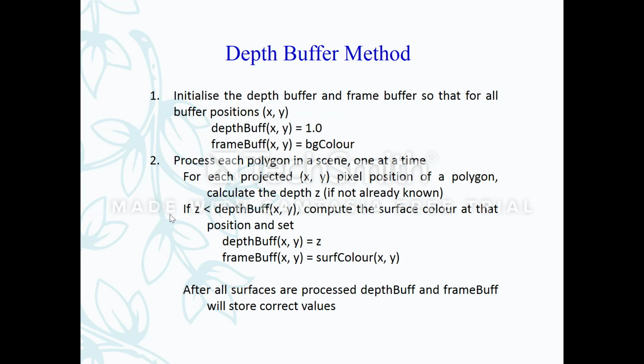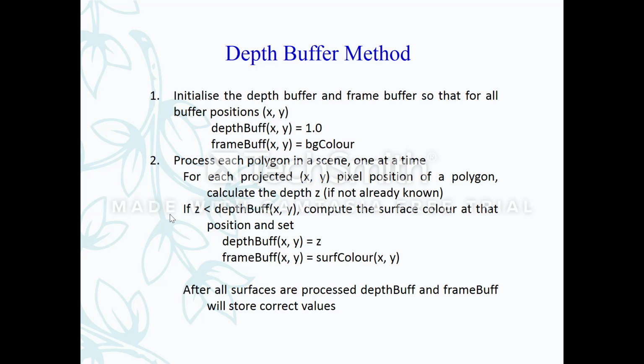Here xy means at that pixel. How the algorithm runs: initialize the depth buffer and the frame buffer so that all buffer positions x, y are initialized, the depth buffer with 1 and the frame buffer with the BG color, background color. Process each polygon in a scene one at a time. For each projected x, y pixel position of a polygon, calculate the depth z if not already known.